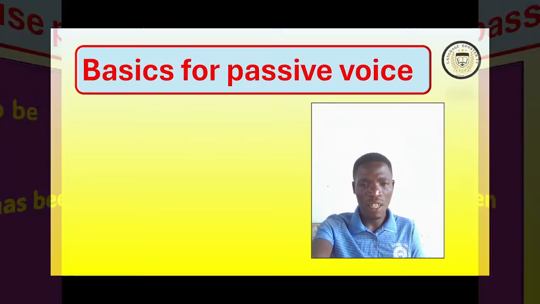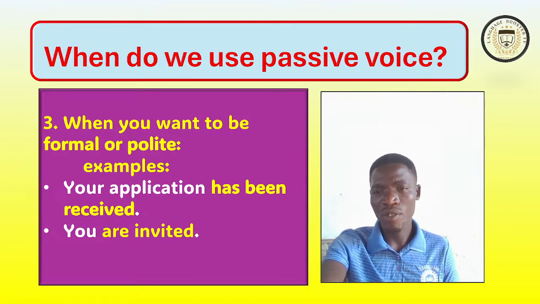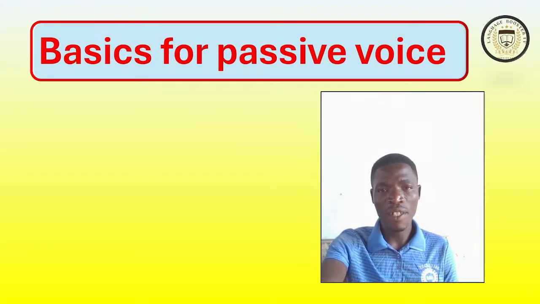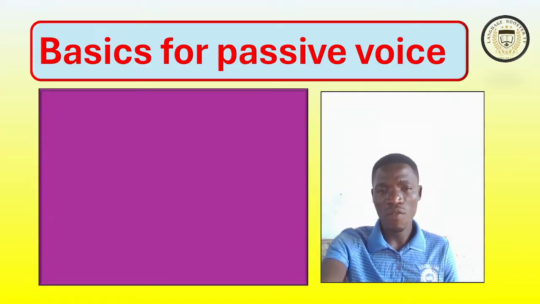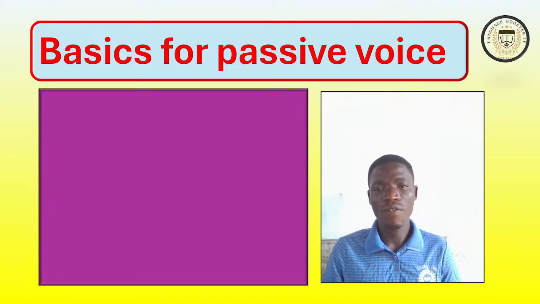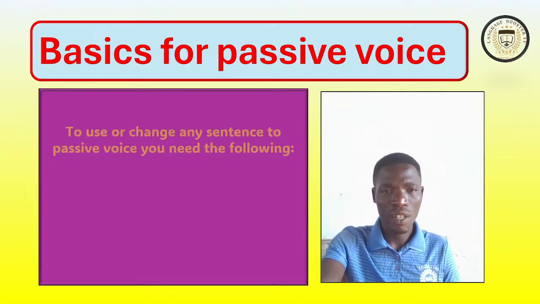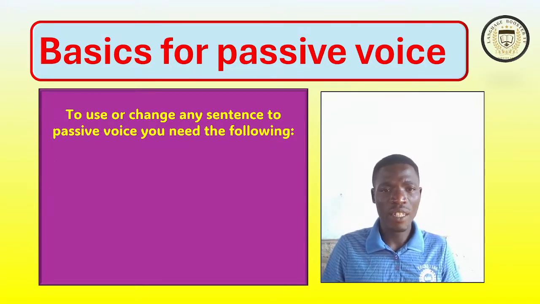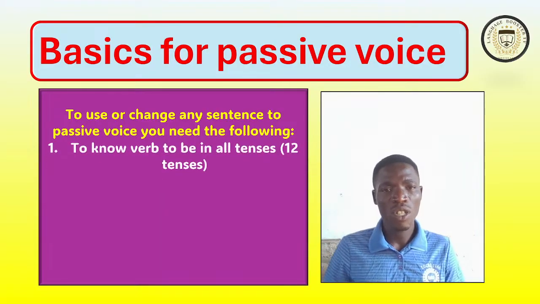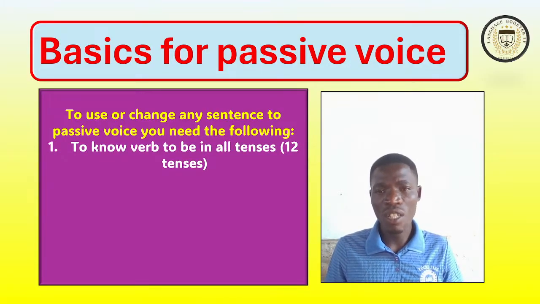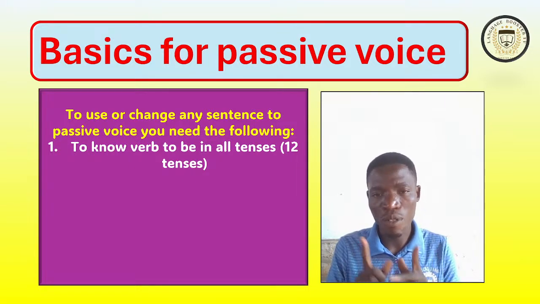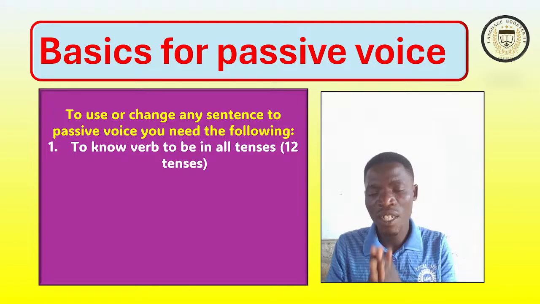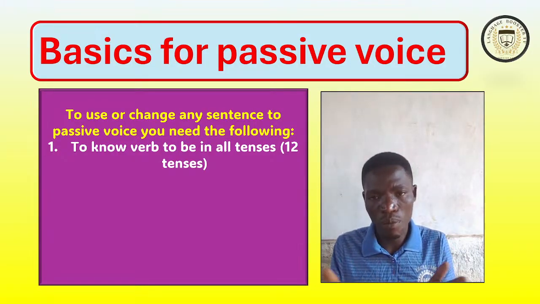So after learning where we need to use passive voice, let us see the basic information you need to know about passive voice. Number one, to change any sentence to passive voice, you need to know verb to be in all 12 tenses. This is very important because you cannot put any sentence in the passive voice if you don't know the tenses of verb to be, because verb to be should be in the tense of the main verb.